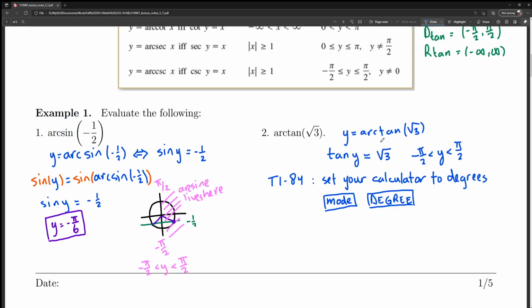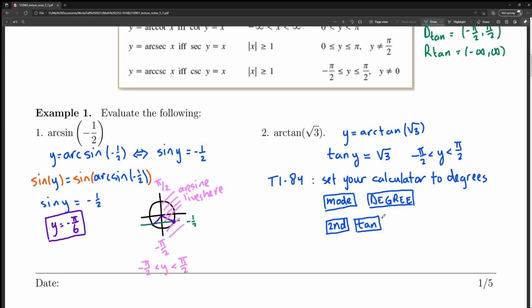And now you can go back, and we can go straight to the answer. We do second, and then the tan button for tangent. Because we use second tan, that will do the tan inverse.